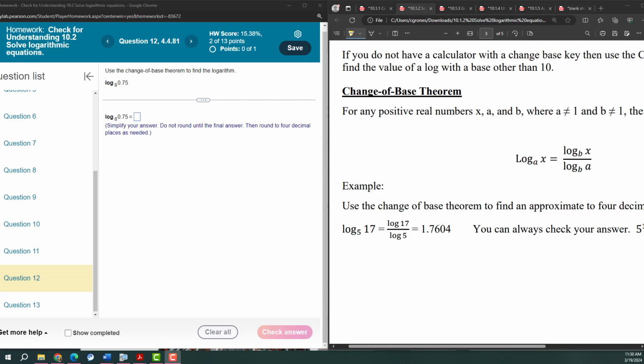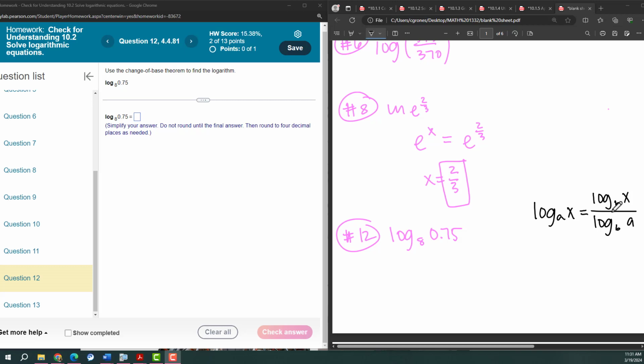So let me write this out. So I wrote it out over here. So basically 8 is a, 0.75 is x. So we are just going to divide log of 0.75 divided by our log of 8. And we'll put this into our calculator.